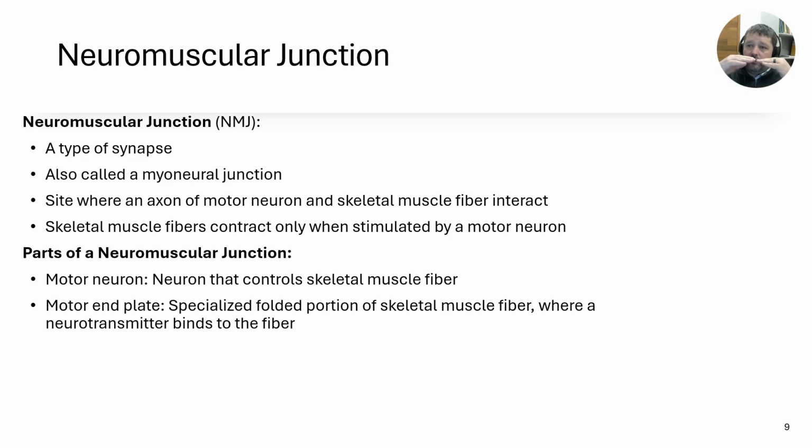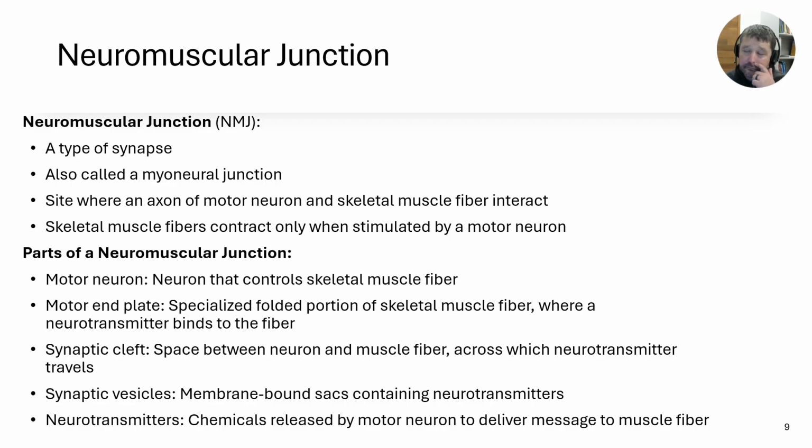So this is the portion of the muscle that's going to be associated with the neuron. They're not touching, but they're close enough to each other that when the neurotransmitters are released from the neuron, they can interact with the binding sites on the muscle.